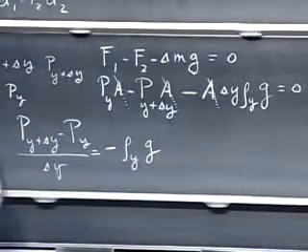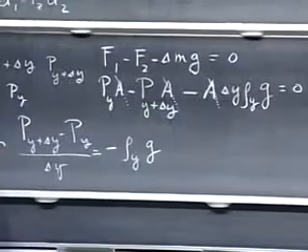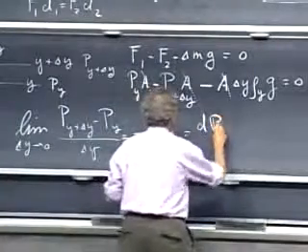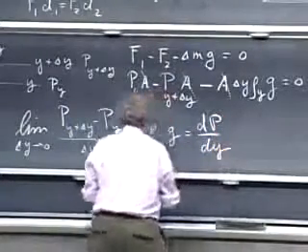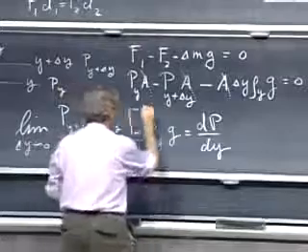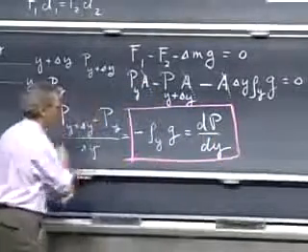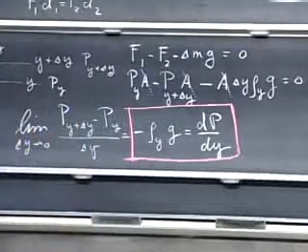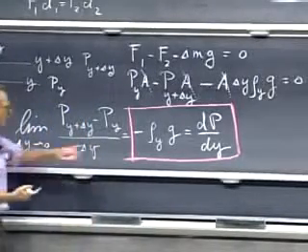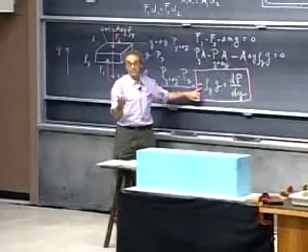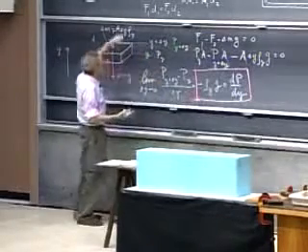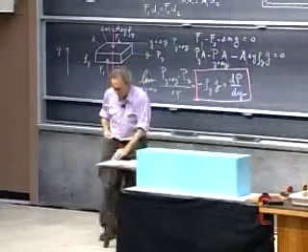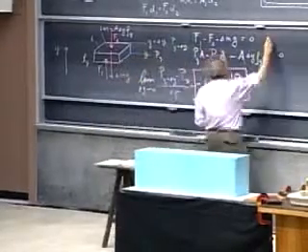And if I take the limiting case of this, for delta y goes to 0, then we would call this dP/dy. And this tells you that when you go to increasing values of y, the pressure will go down. It's a minus sign. Very natural. If you go with decreasing values of y, then the pressure will go up. And we call this hydrostatic pressure.